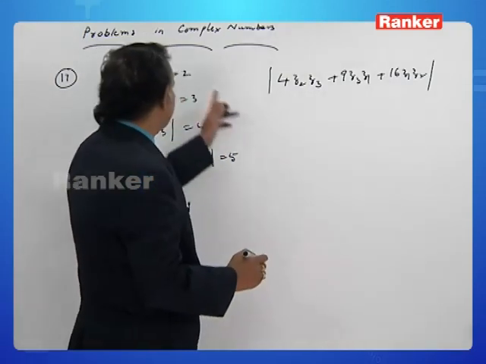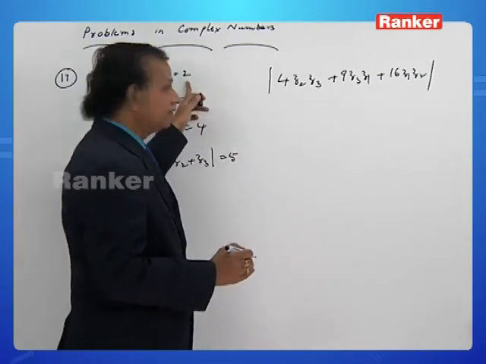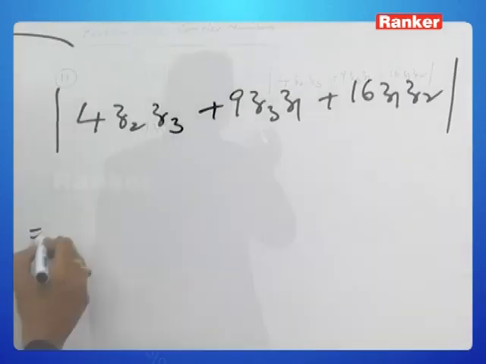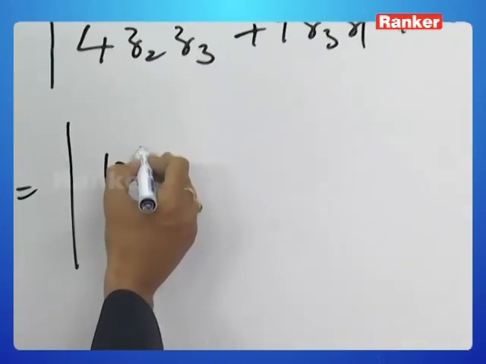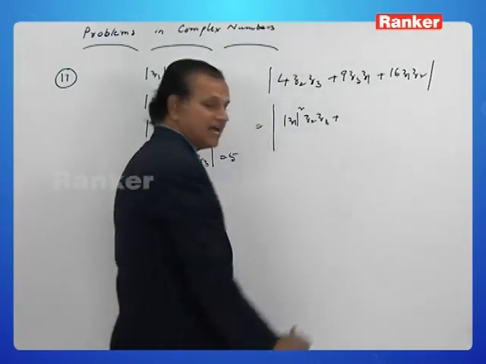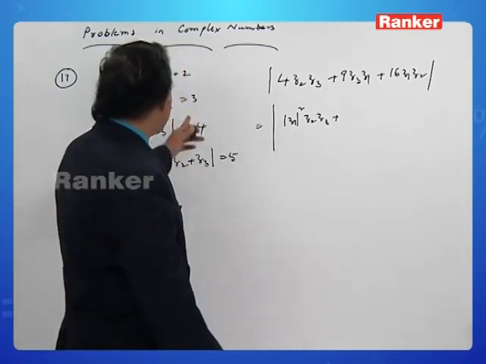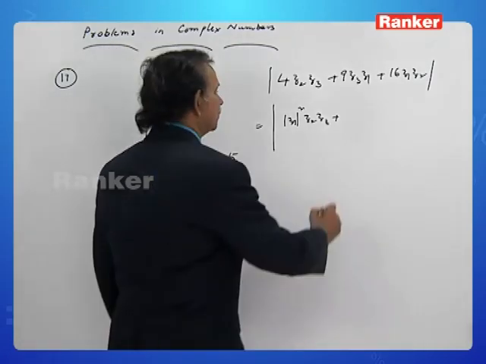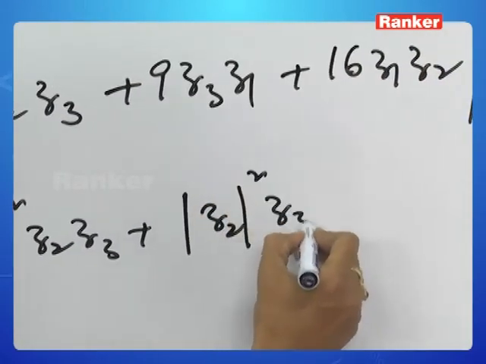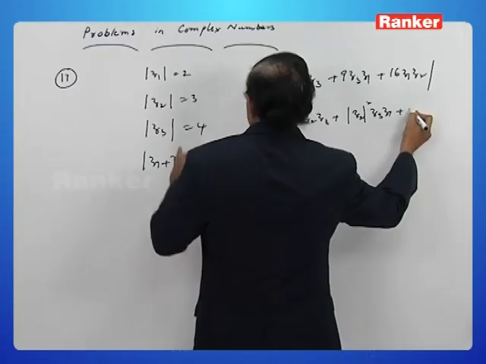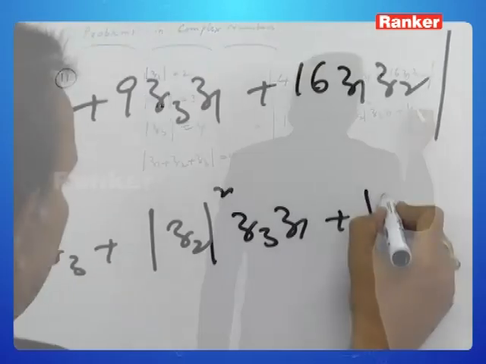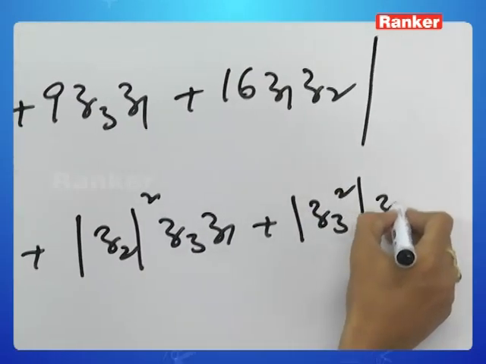Well, inside the modulus, the first coefficient is 4. I like to write 4 as 2 square, that is mod Z1 square. So it is mod Z1 square Z2 Z3. Just like that, 9 can be taken as mod Z2 square, times Z3 Z1. Likewise, 16 can be taken as mod Z3 square, times Z1 Z2.